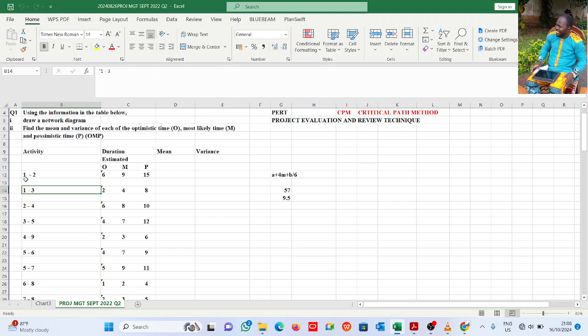Both of them have 1 as their predecessor; pre means it comes before. These two, 2 and 3, are successor activities, that is, they come after 1.